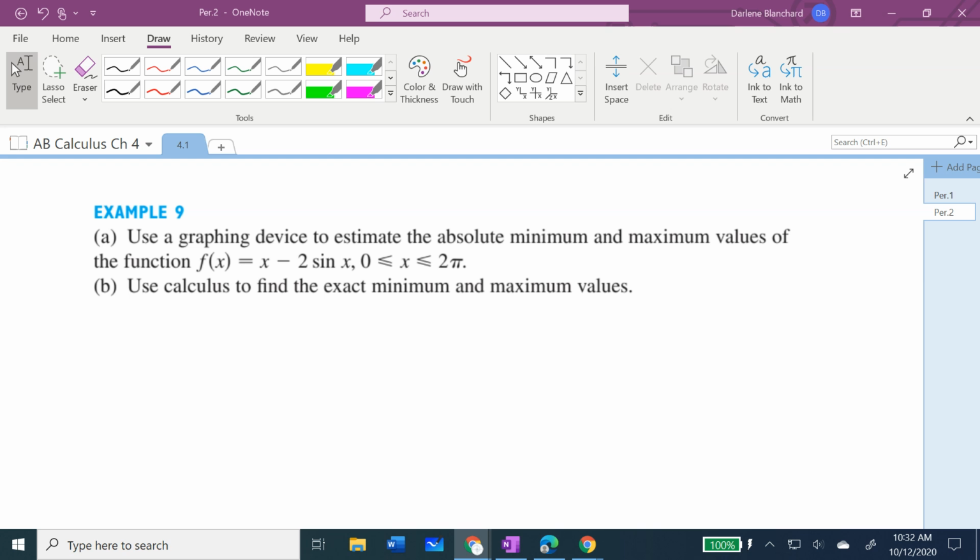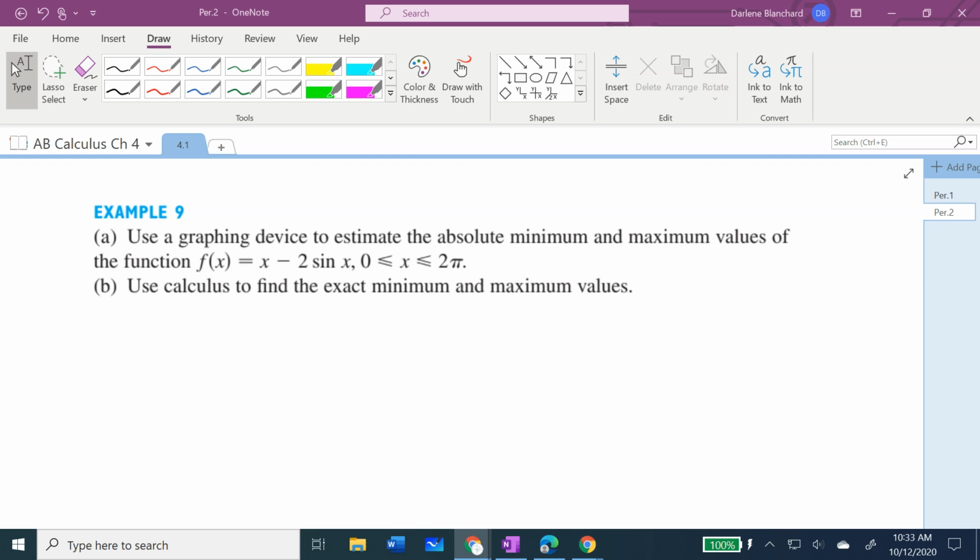When you use this button as you're typing into this y equals place, it will automatically use a particular variable for the particular mode you are in. If you're in parametric mode and you push this button, you'll get a T. If you're in polar mode, you'll get a theta. If you're in sequential mode, you'll get an N. So you want to get used to just using this button as your variable button.